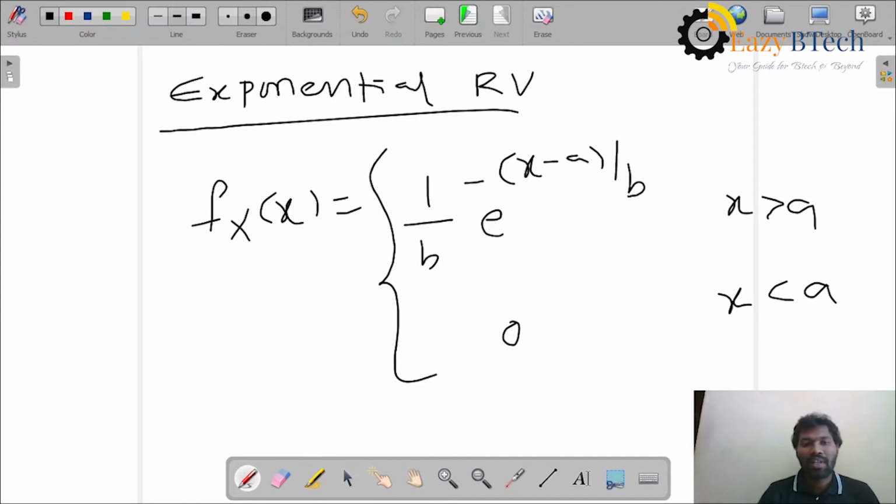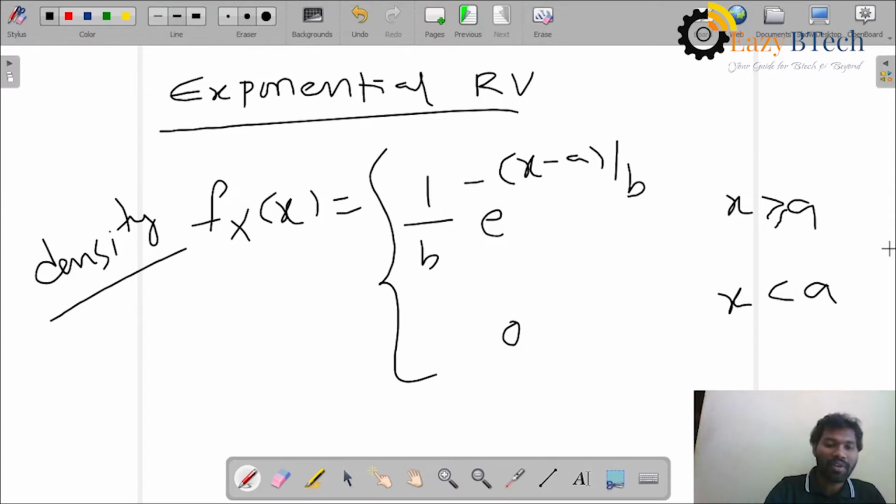So this is the density function of the exponential random variable.